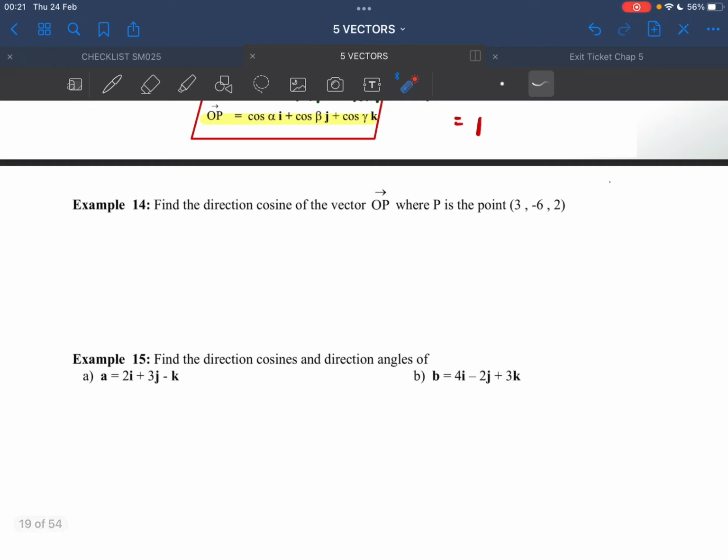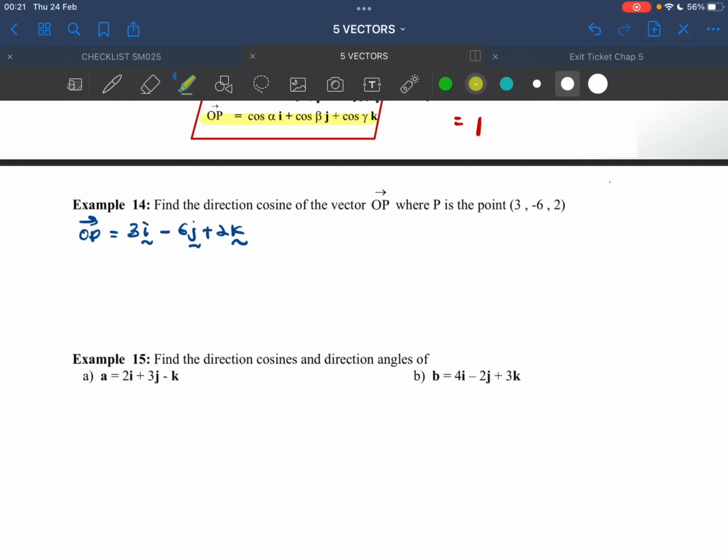Find the direction cosine of the vector OP, where P is the point (3, -6, 2). So obviously we have to find the direction vector OP first. So we have OP equals 3i minus 6j plus 2k.